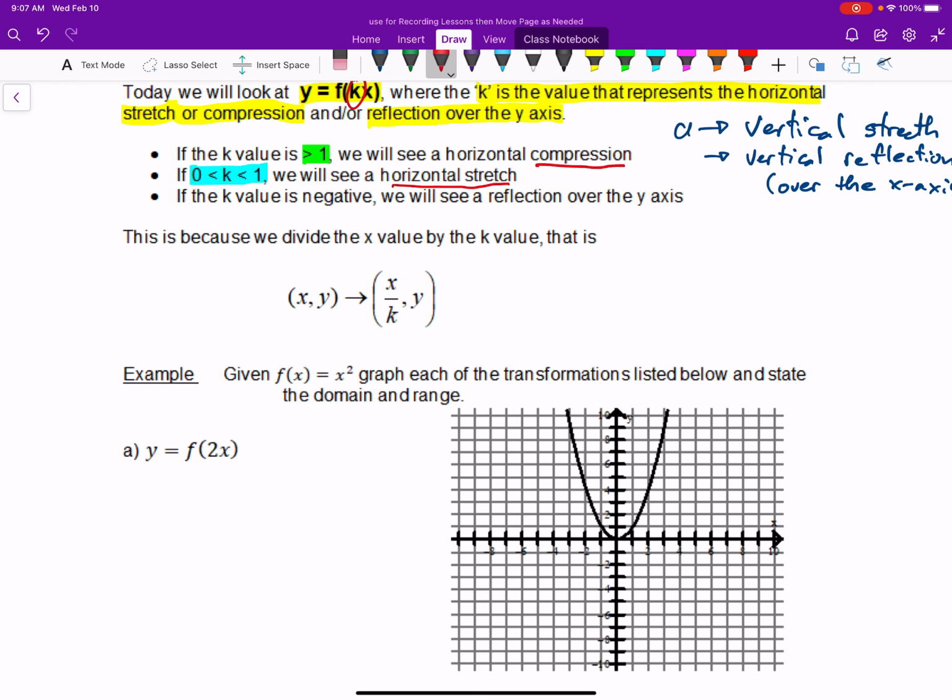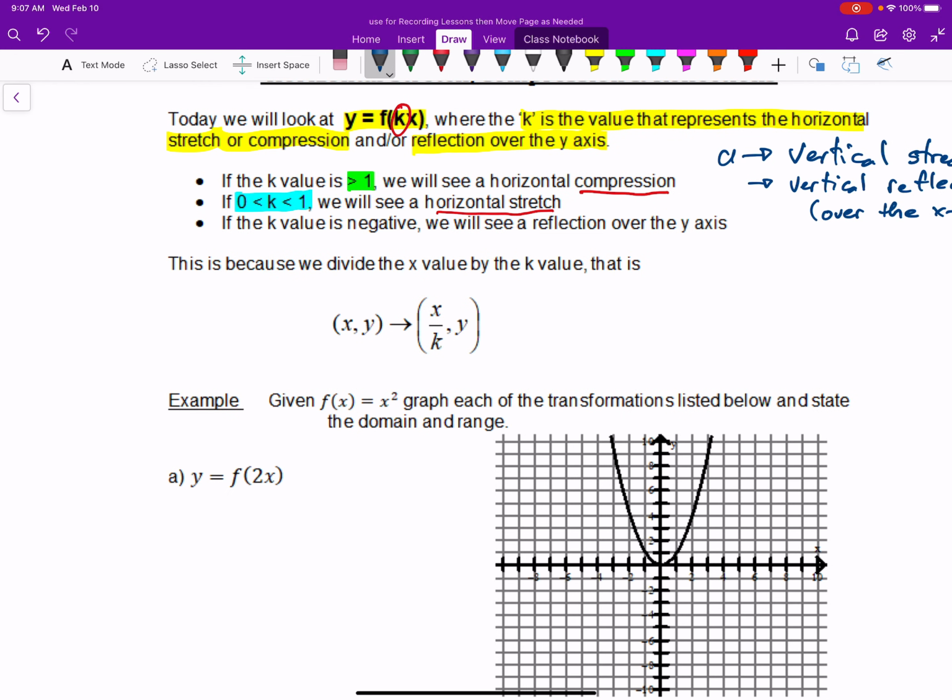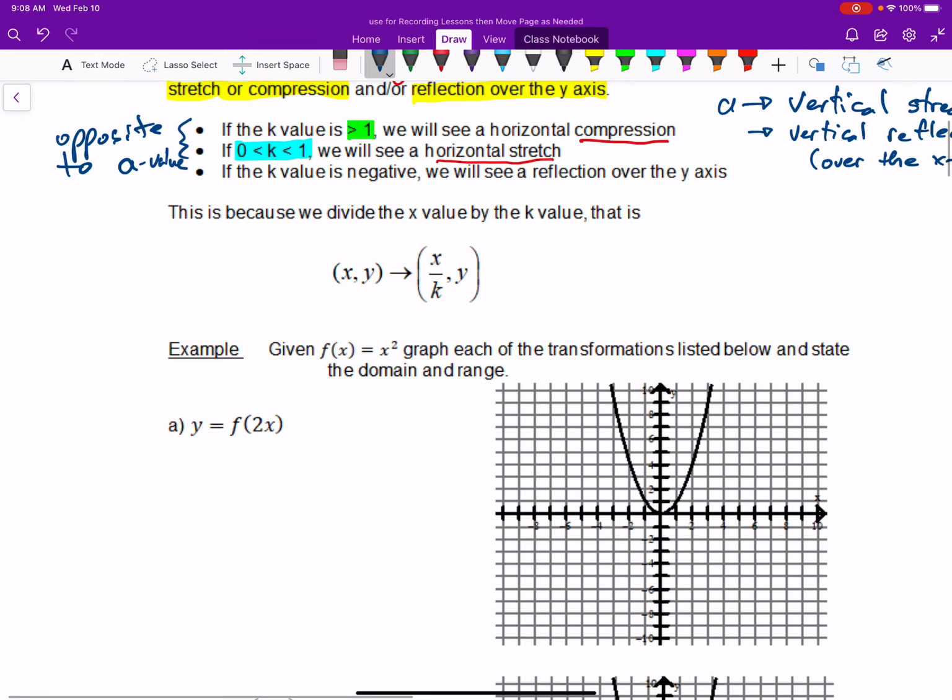So everything about k values as far as the stretching goes is opposite to the a value. If the k value is negative, we're going to see the reflection over the y-axis. That's the same idea as if the a value is negative, it's just over a different axis.